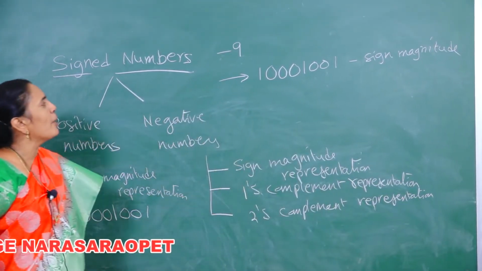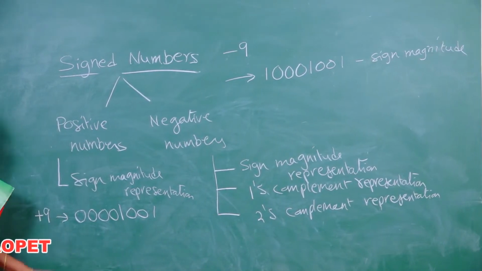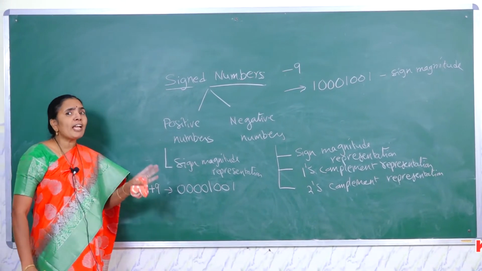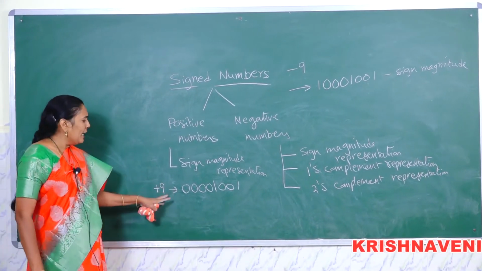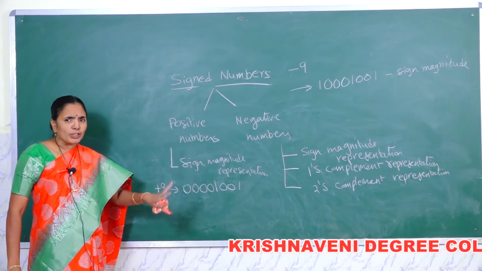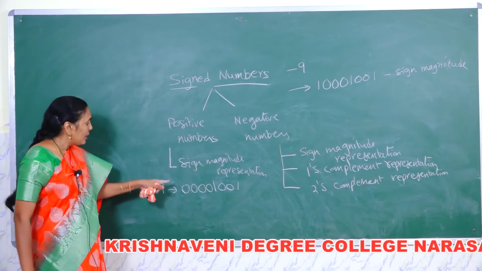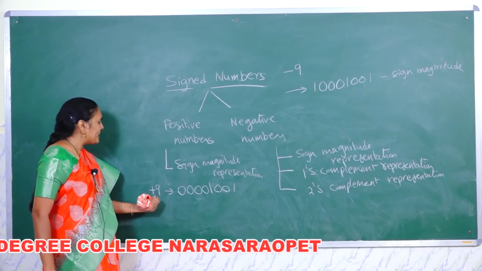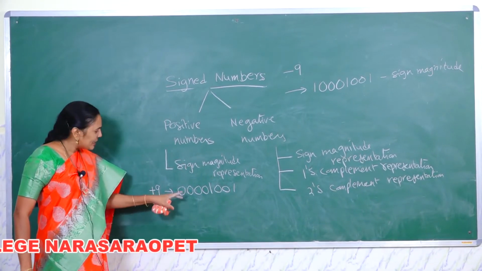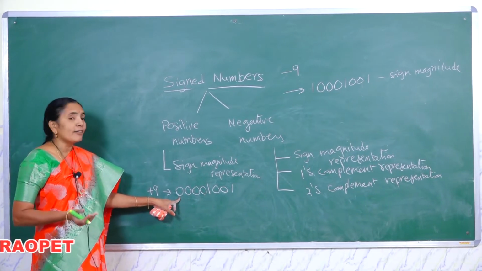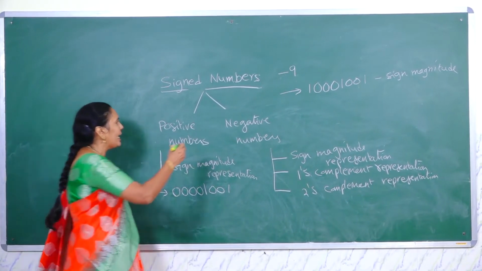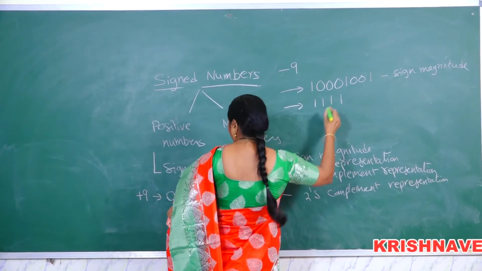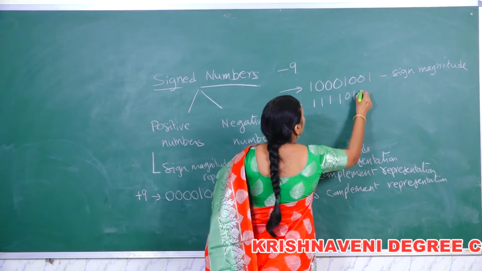Next, 1's complement representation. In order to obtain the 1's complement representation, first we have to write the value of the positive number and just complement it. We have already seen the representation of plus 9. This is the original number. When I want to get the ones complement of this number, then it will become 1 1 1 1 0 1 1 0.